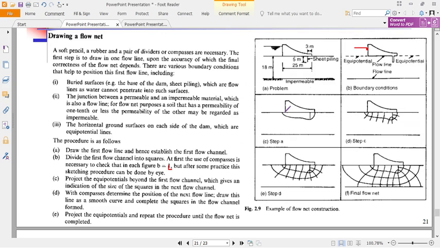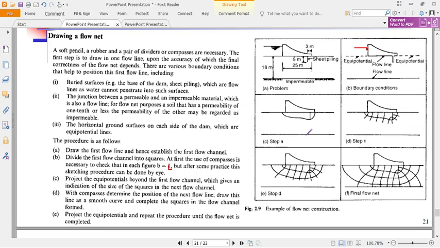Next, draw the first flow line apart from the boundaries. Remember this is an equal potential, so water will flow from this point here, flowing in such a curve, because now we need to bypass this.